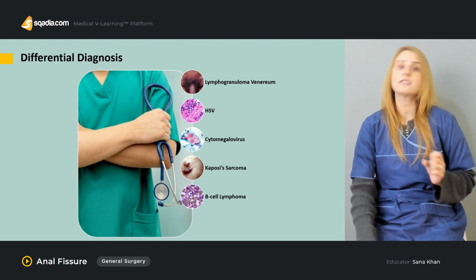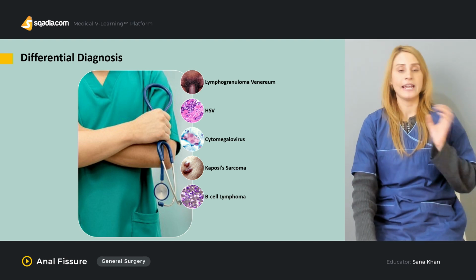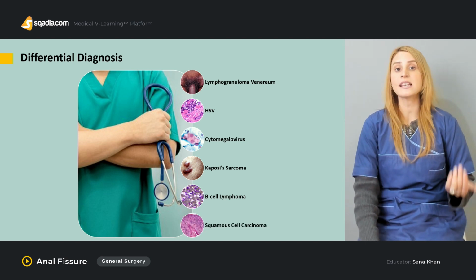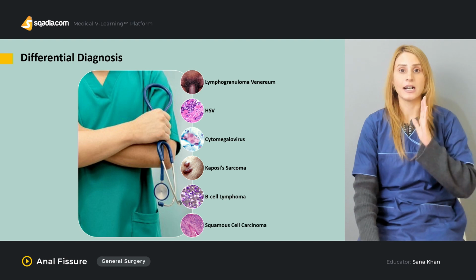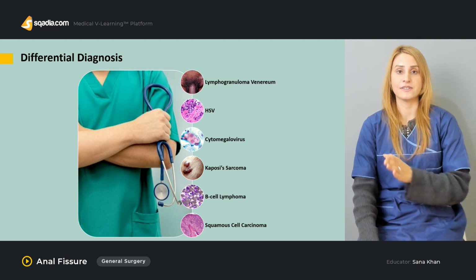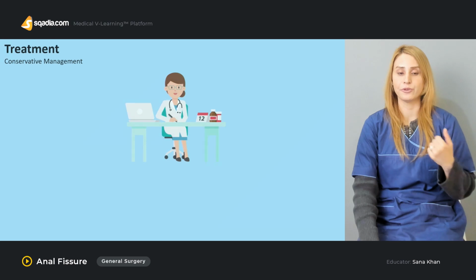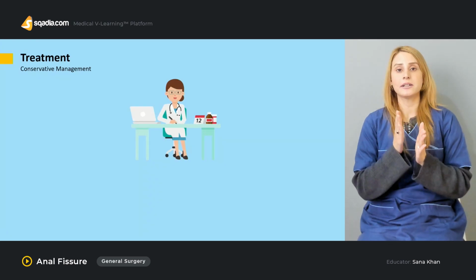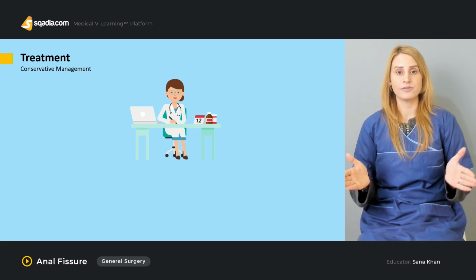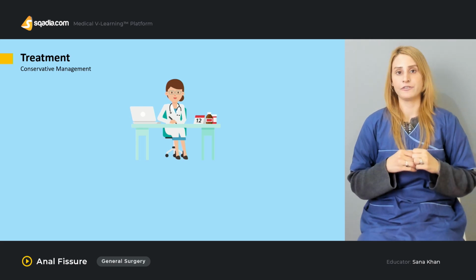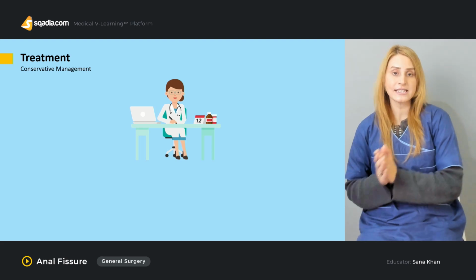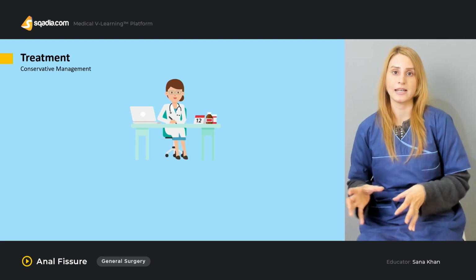So asking about all these chronic conditions and sexually transmitted diseases and lymphomas and Kaposi sarcomas is really, really helpful to exclude the other conditions. And squamous cell carcinoma, I'll talk about with the colorectal cancers. Now, how are you actually going to make a proper diagnosis for anal fissure? That's only the local perianal examination and a digital rectal examination.